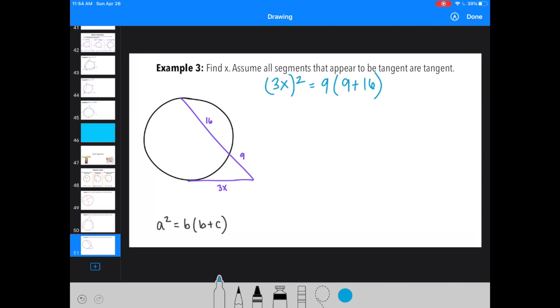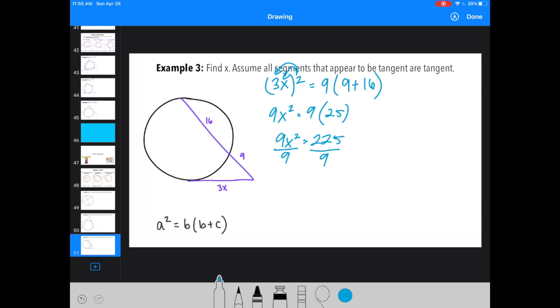Remember, when I have something squared, it's multiplied by each component within there. So I have to square my 3, which is 9, and my x, so x squared, equal to, let's simplify our parentheses, 9 plus 16 is 25. 25 times 9 is 225.